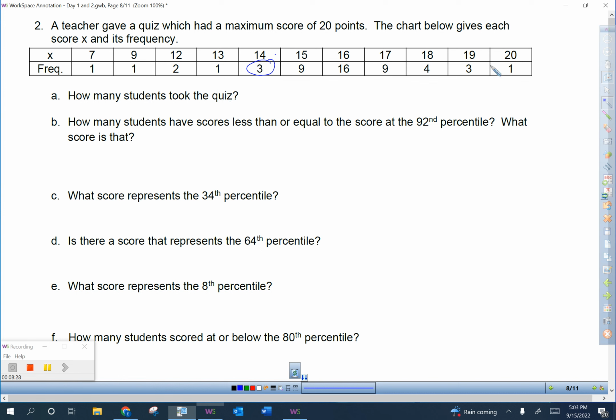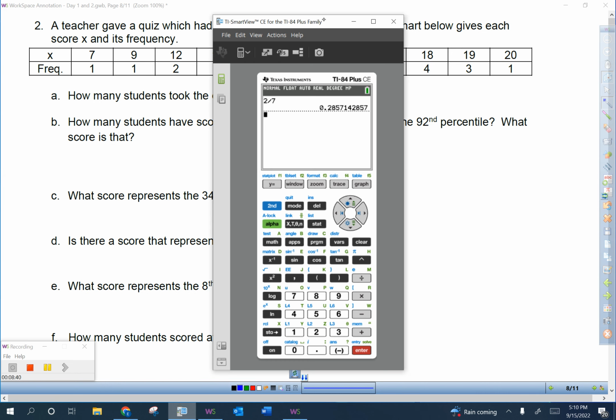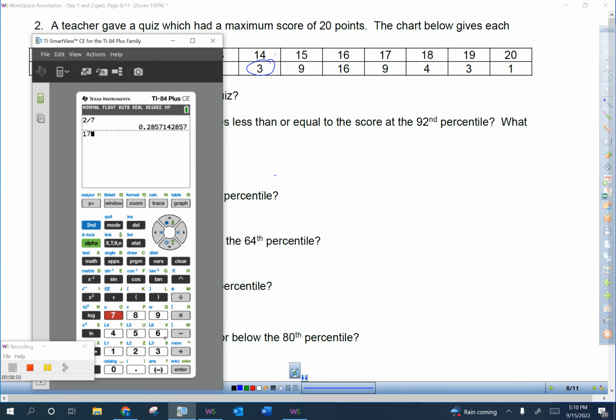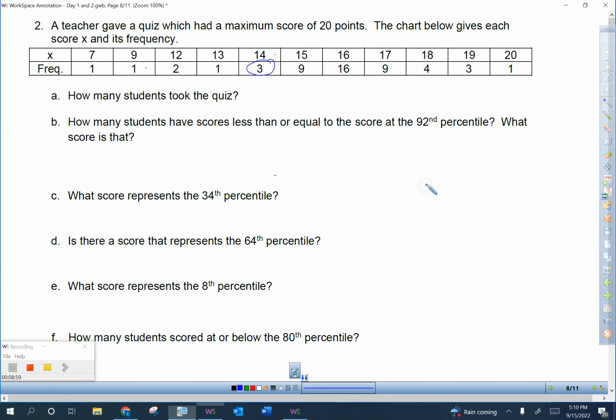Alright, so what we're going to do first is figure out how many students took the quiz, and that means adding up all these values here. Okay, so totaling it up here, you can toss as much as you want in your calculator. We've got 50 students.